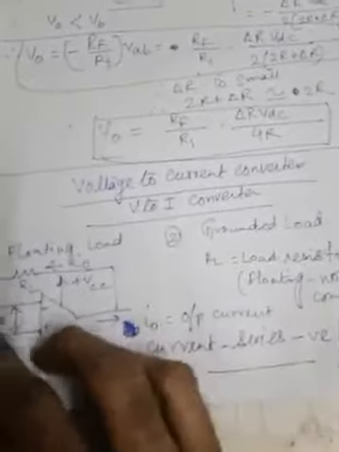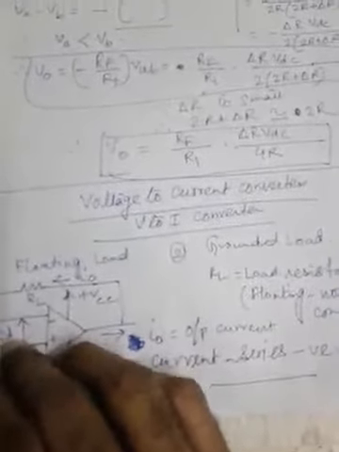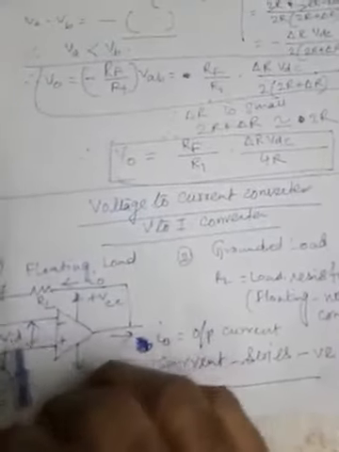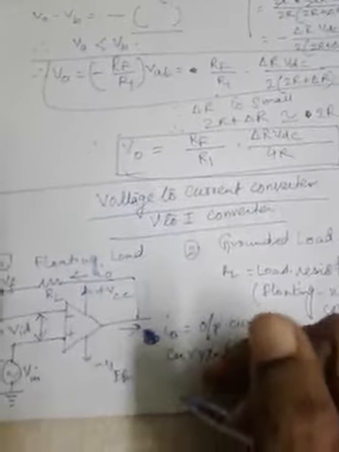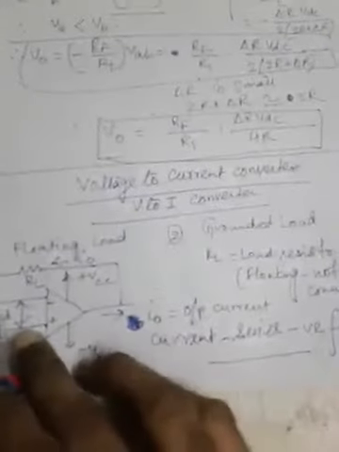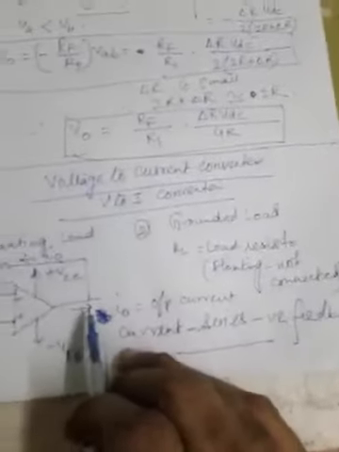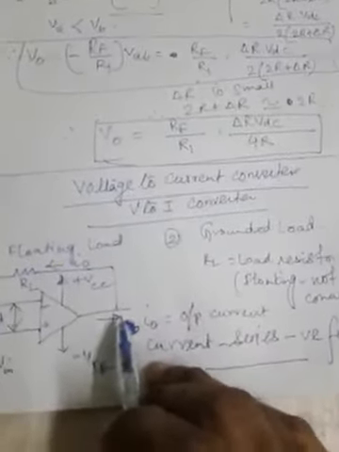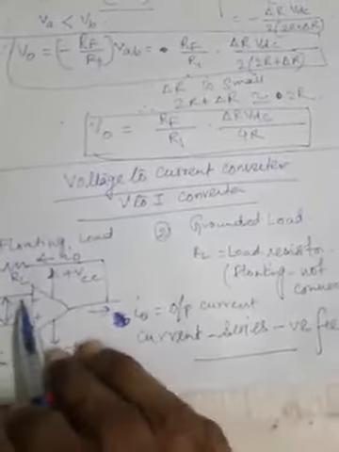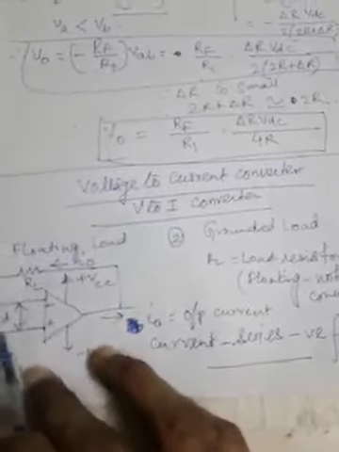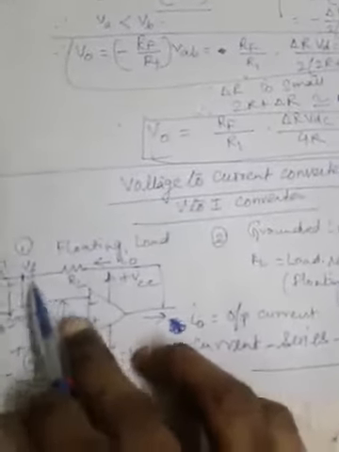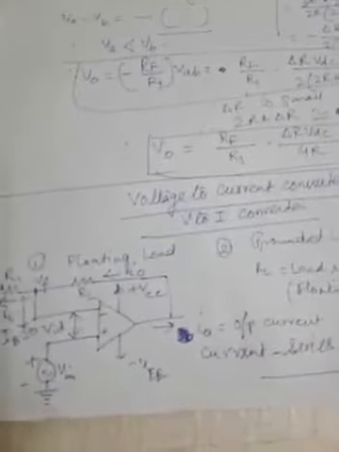The feedback voltage across R1, which is Vf, applied to the inverting terminal depends on the output current IO and is in series with the input difference voltage VID. So I repeat that this voltage Vf is because of the output current IO, hence it is current, and this Vf is connected in series with the difference voltage VID at the two inputs, therefore it is current series negative feedback.